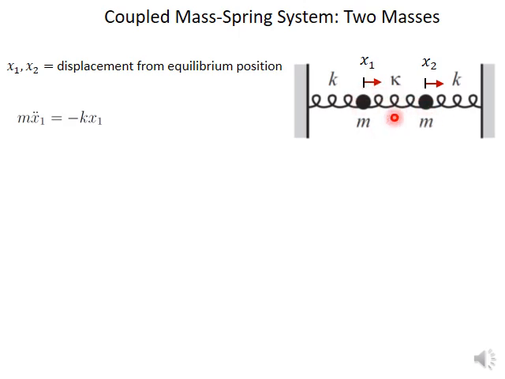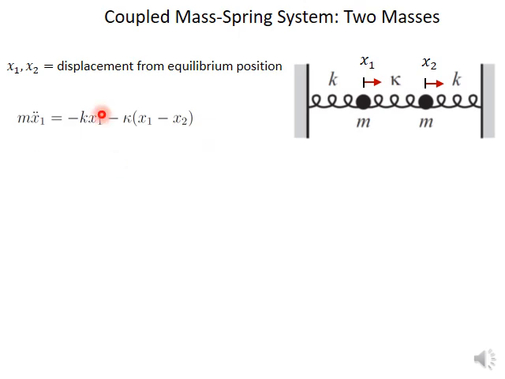So the force would occur if there is a difference between these two displacements, and that term we write in this form. Because this spring is represented by kappa, another spring constant, the force would be proportional to the difference of the two displacements x1 and x2. The larger the difference, the larger the force, and of course it would again be a restoring force.